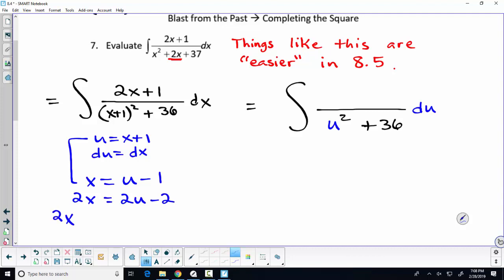So 2x plus 1 is 2u minus 1. So that's 2u minus 1. And why is that a little bit more helpful than what we had? What do we do from there?